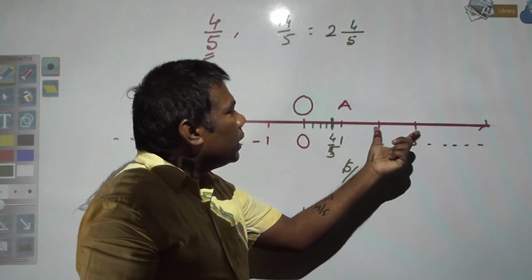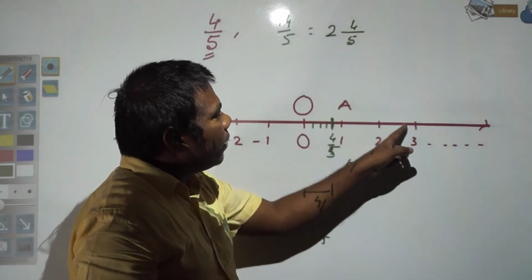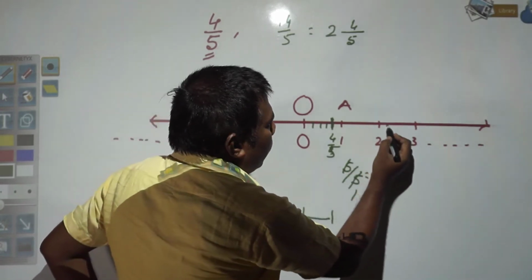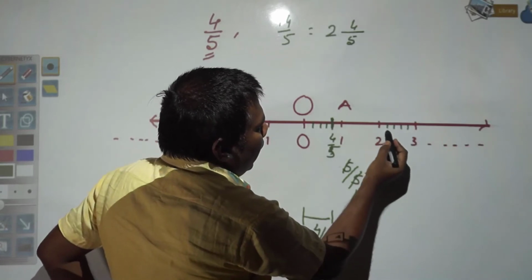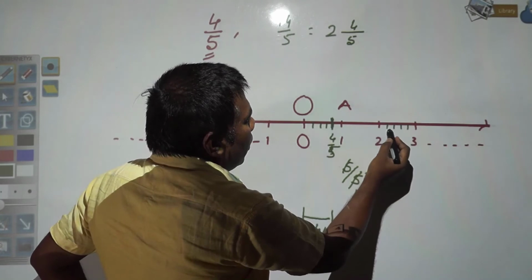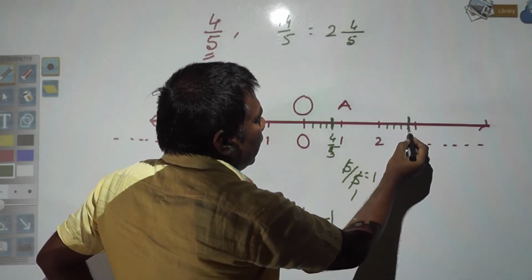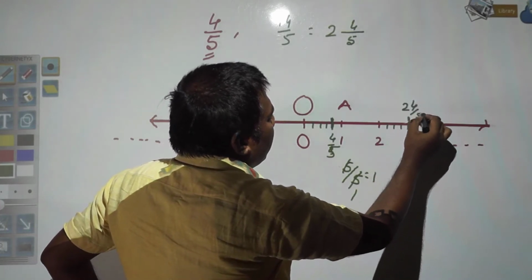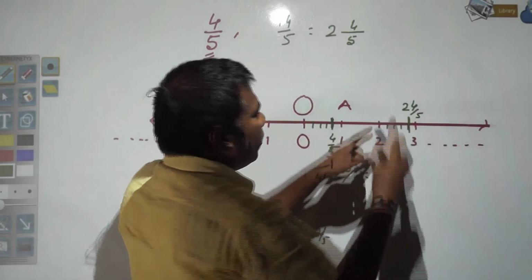So the third portion is required to be divided into 5 equal portions, and 4 by 5 you have to find out over here. So you divide this into 5 equal portions, 1, 2, 3, 4, 5. Now you count 1, 2, 3, 4. This point is your 2 whole and 4 by 5.